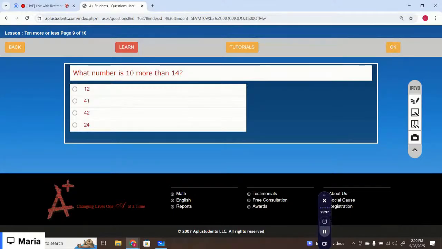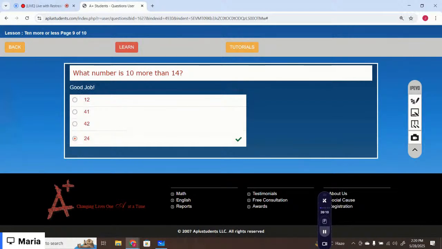What number is 10 more than 40? 10 more than 14 is 24, option B is the correct option.